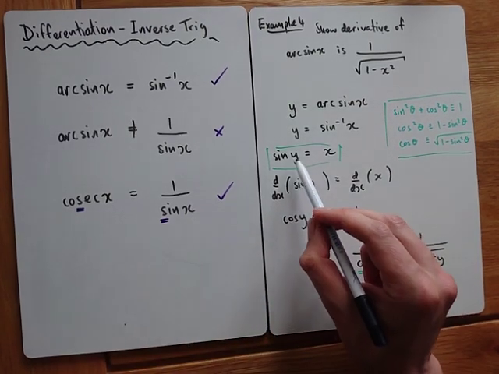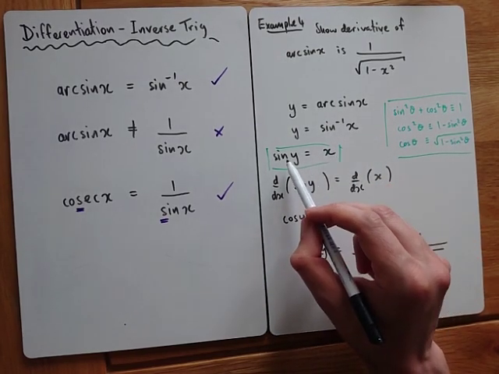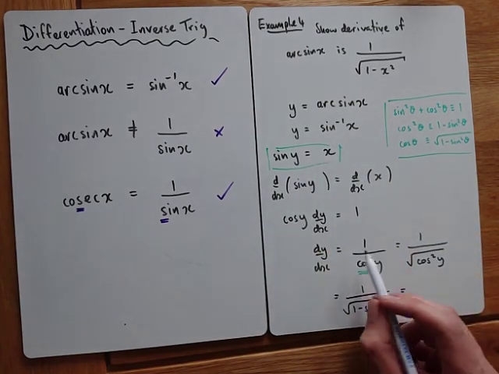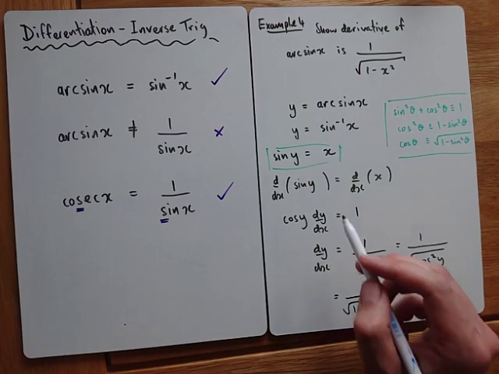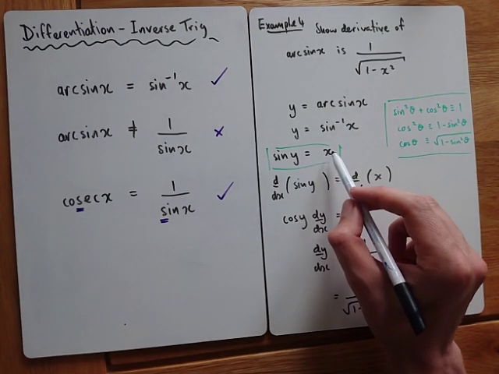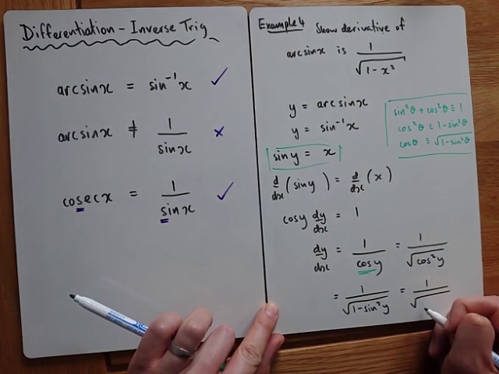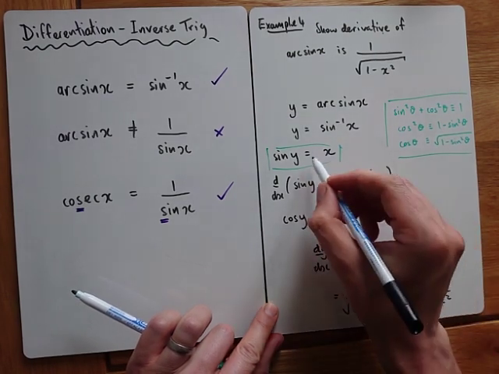And now we can use the link between the y terms and the x terms, because I know that sine y is the same as x. So 1 minus sine squared y would be the same as 1 minus x squared. So that's our answer, isn't it?